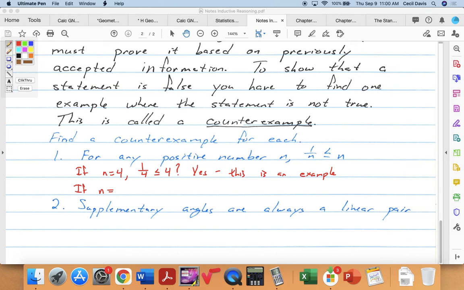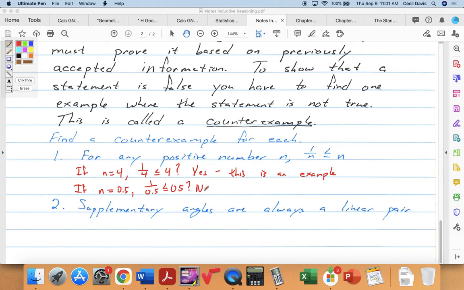I have to think of a positive number. 1. 1 over 1 is 1, which is still less than or equal to 4. Okay, what if n was equal to 0.5? 1 over 0.5, is that less than or equal to 0.5?